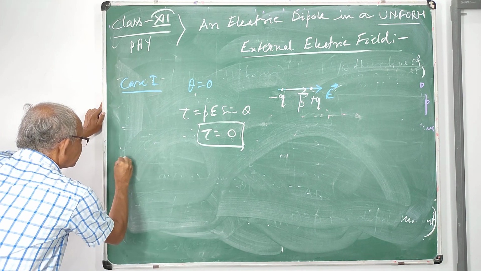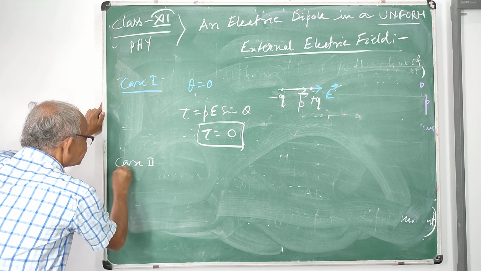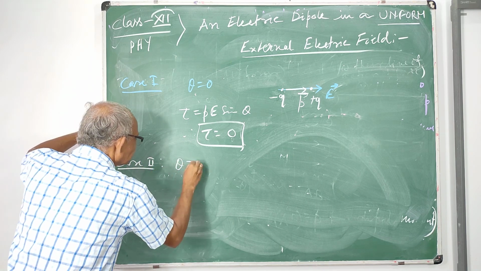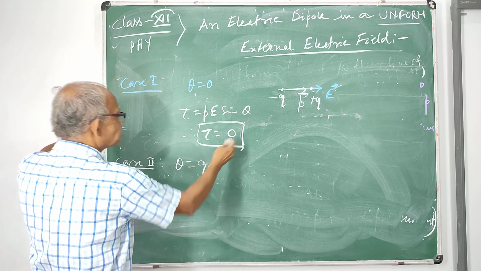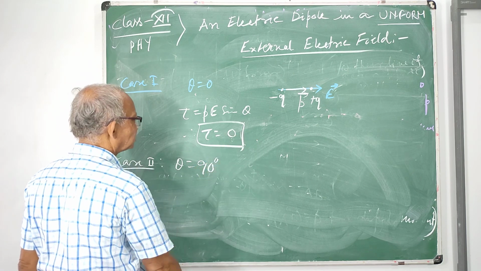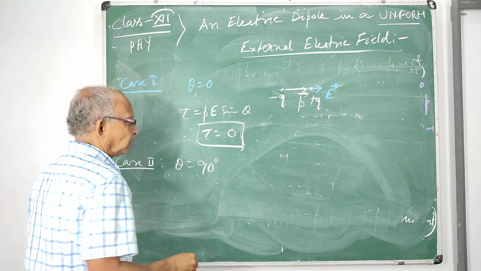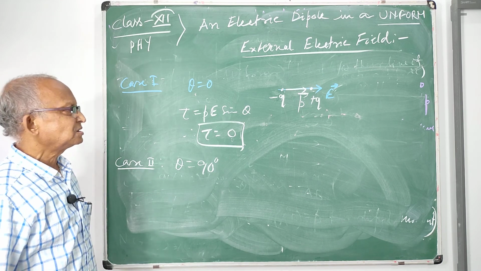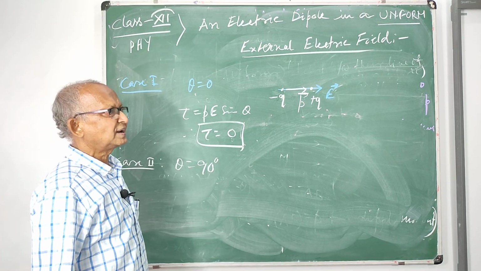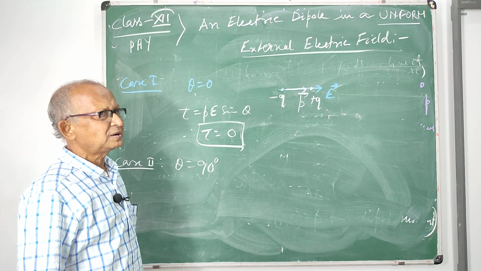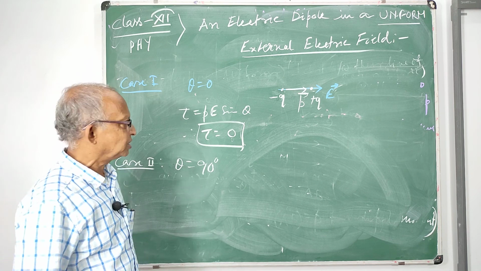Next, case 2: theta is 90 degrees. I shall comment later, but first see what different cases are available. In the first case the dipole moment makes an angle theta with the electric field.